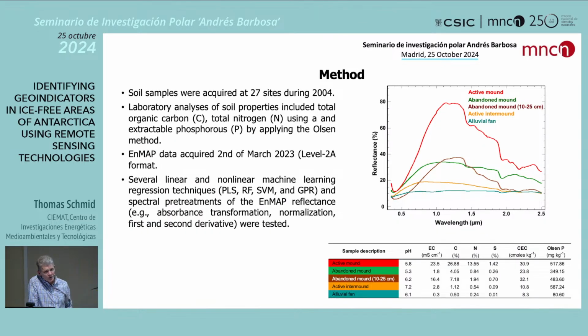there. So soil samples were collected at different sites. They can be penguin mounds, they can be in between penguin mounds, they can be areas more vegetated, etc. We did laboratory analysis, organic carbon, total nitrogen, phosphorus, and then we acquired a hyperspectral image on this date, and we processed this image using machine learning and regression techniques.